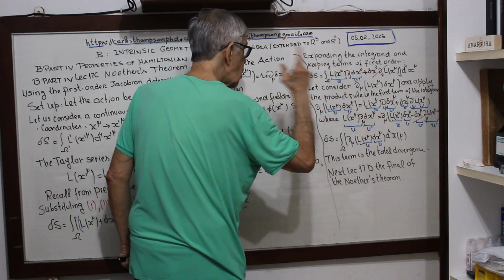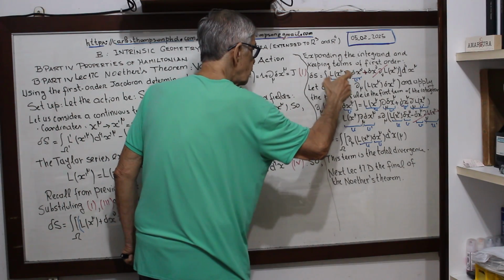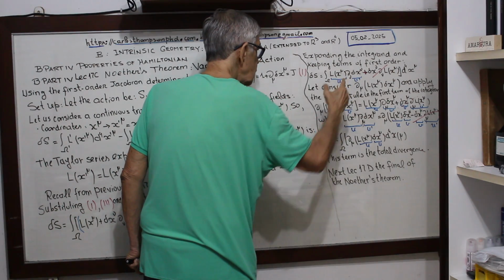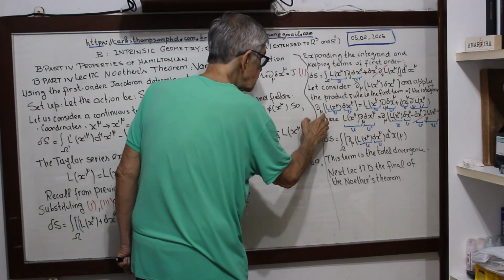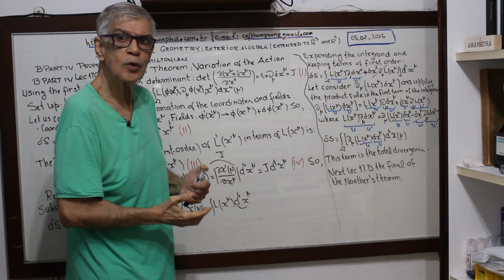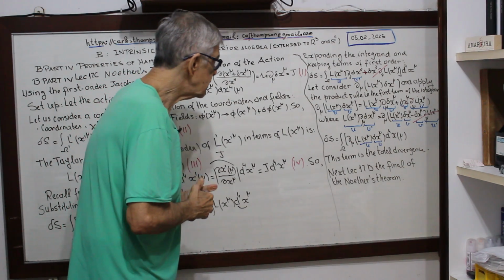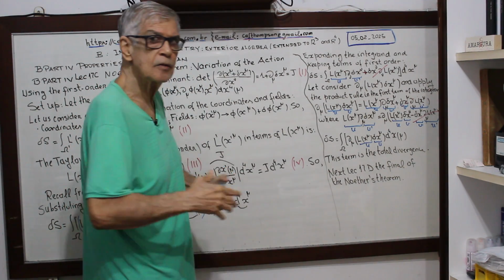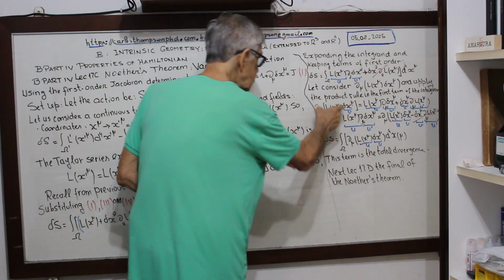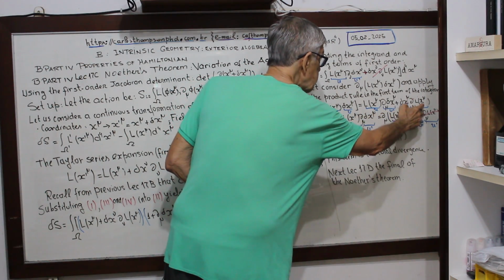Now go back to calculus and the properties of derivatives. For a product uv, the derivative is uv prime plus vu prime.